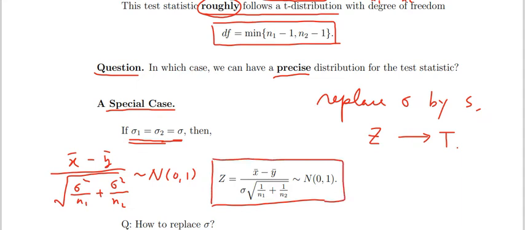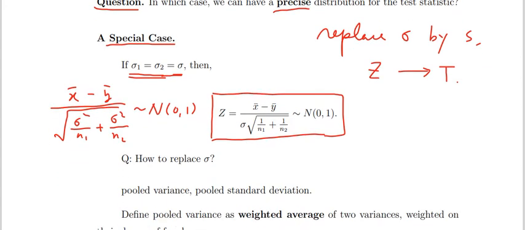So even though we assume sigma 1 and sigma 2 are the same, we still don't know sigma, right? So we should replace sigma by S. But we have S1 and S2. So replace sigma by which S?